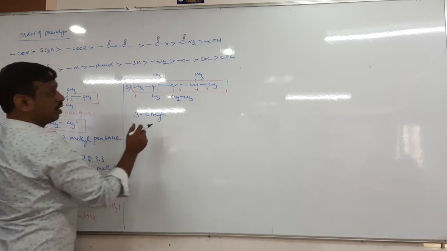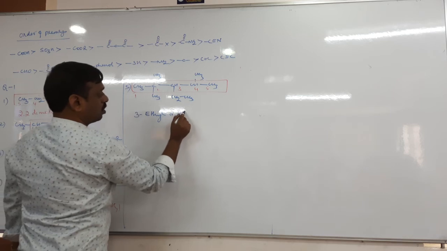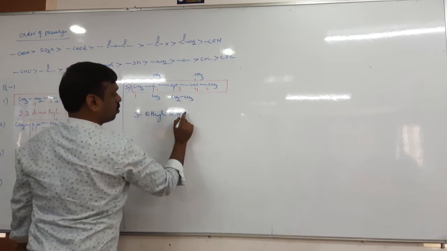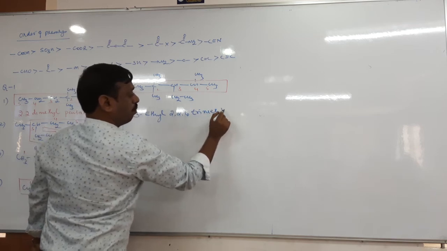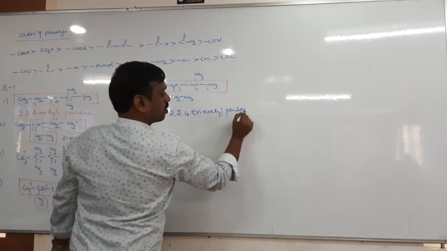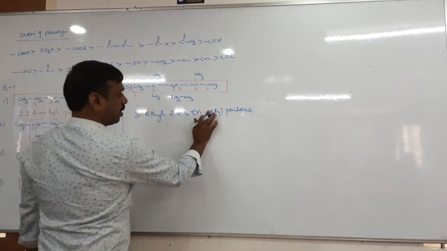Next methyl, so it is 2,2,4 trimethyl pentane. Right? So 3 ethyl, 2,2,4 trimethyl pentane.